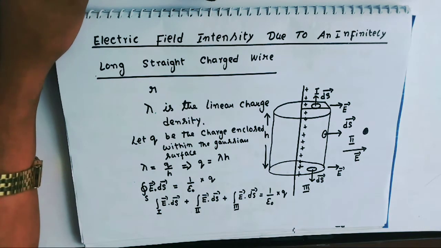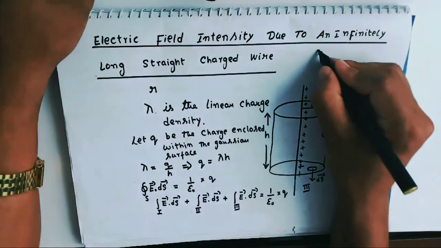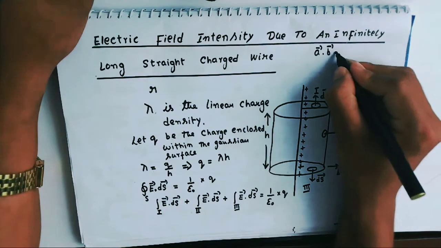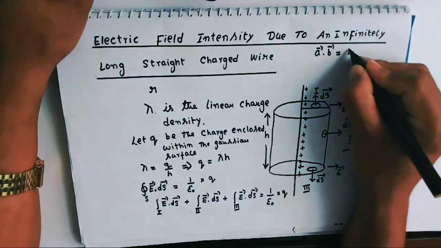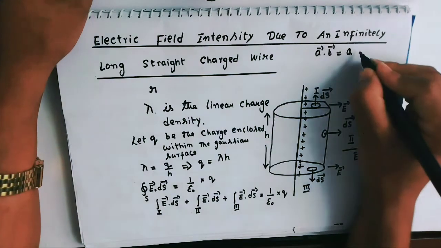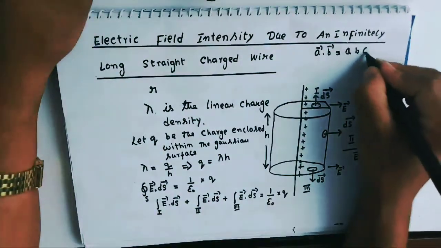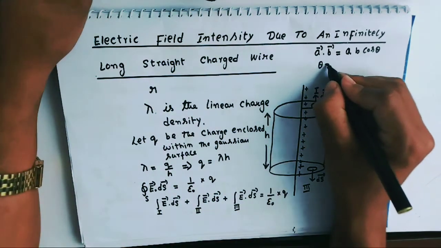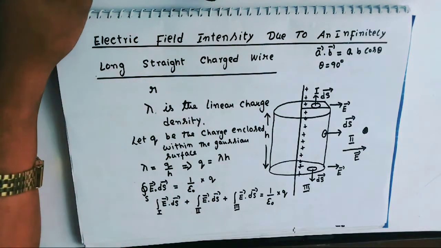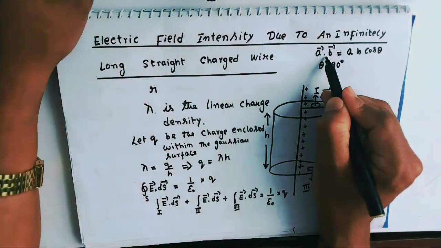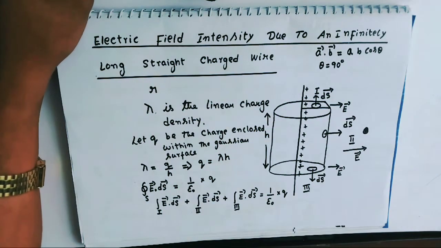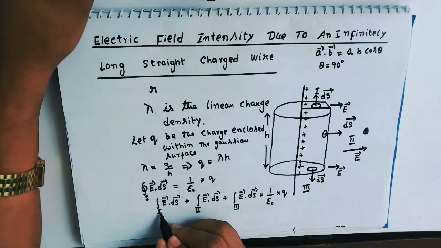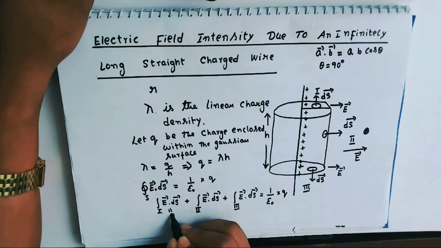We have learned earlier that if you have two vectors, a dot b is equivalent to mod of a, which is simply a, mod of b, which is simply b, and then cos theta. Now, if theta is equal to 90 degrees, then this dot product a dot b is equal to 0. So similarly, the integration over region 1 is equal to 0.